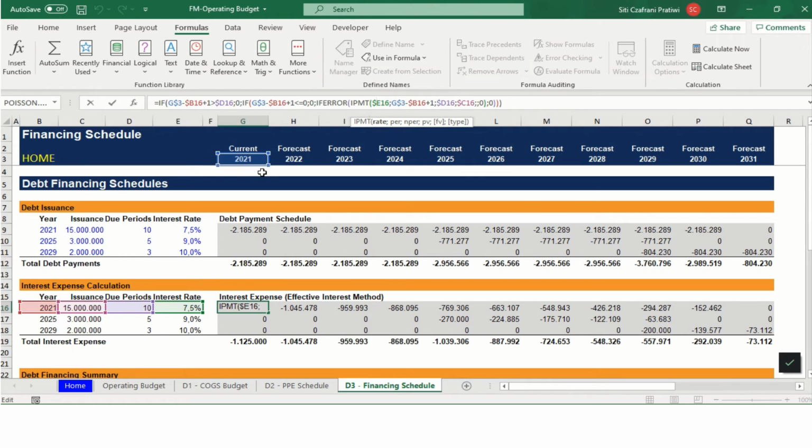So year 2021 will be the first period. Meanwhile, if you are in year 2022, the period is year 2022 deducted by year 2021, plus 1.